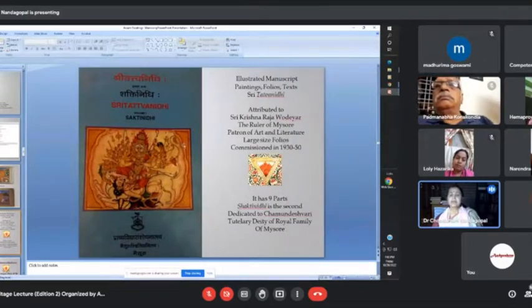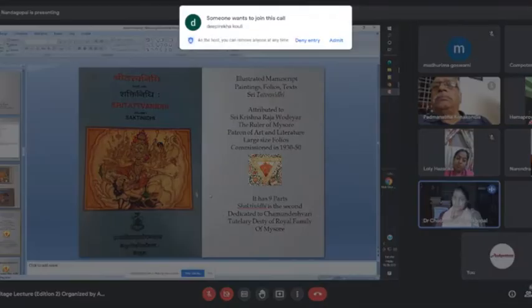It is an illustrated manuscript painting from Karnataka. This was attributed to Krishnaraja Wodeyar III, who was the great ruler of Karnataka, the patron of art and literature, and they are large size folios. I have seen large size folios, one the Akbarnama and the second is Sri Tattva. Only these two.